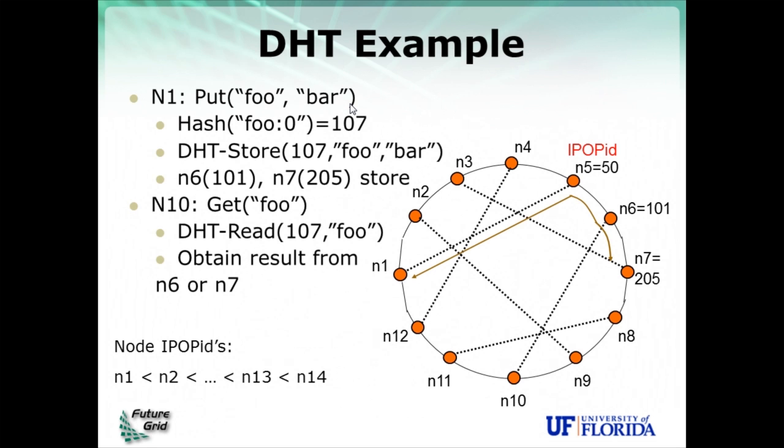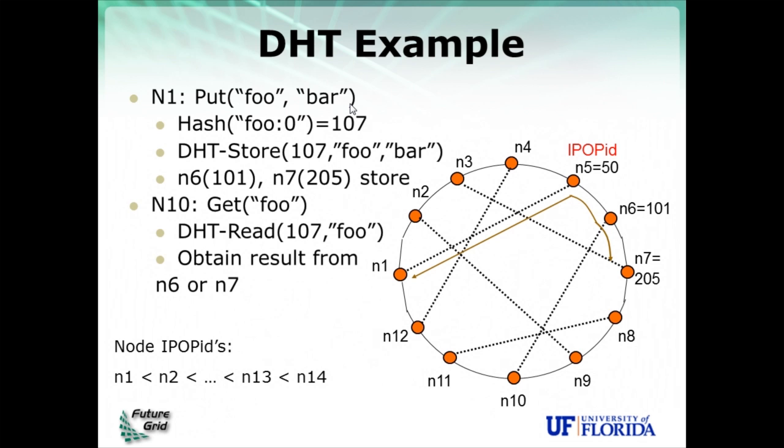So in general, in the DHT, you would have, for example, a node N1 in this case, putting a key value pair of foo as the key and bar as the value. So the first thing we could do is append a unique value to this key, and compute a hash of that key. Now in this example, let's say that the hash of this value is 107.